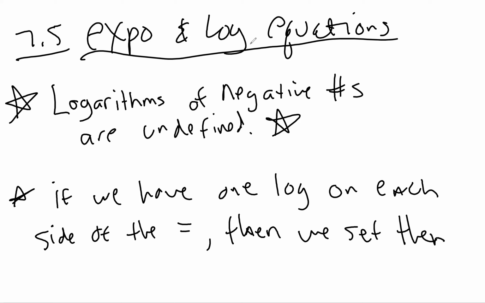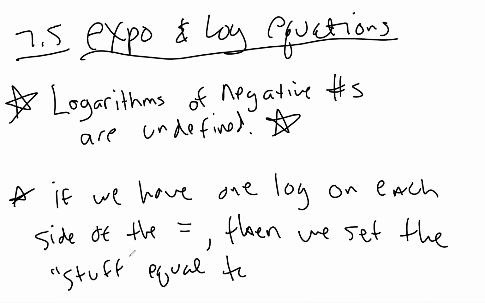Hold on a second. I can't talk and write. You guys should know that by now. Then we set the stuff equal. And once we see problems, this will make much more sense to each other.